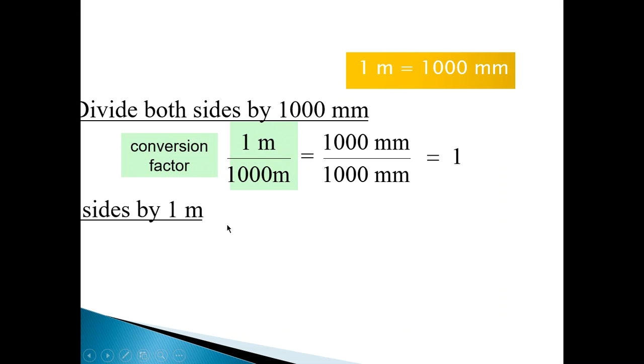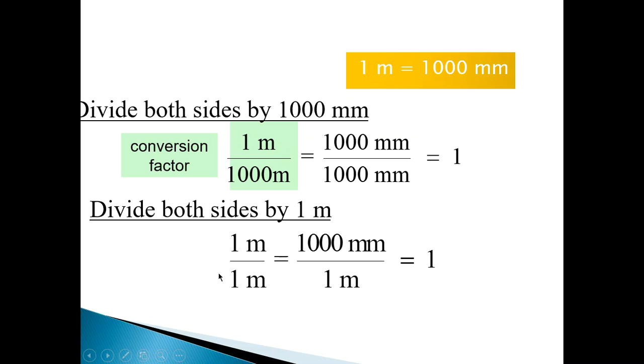If you divide both sides by 1 meter, then you're going to end up with this fraction, which would also be equal to 1. So therefore, there are two conversion factors that express the relationship between these two units. And that is true for any such relationship. For any relationship where you have one unit expressed in terms of another unit, there are two possible conversion factors, right?